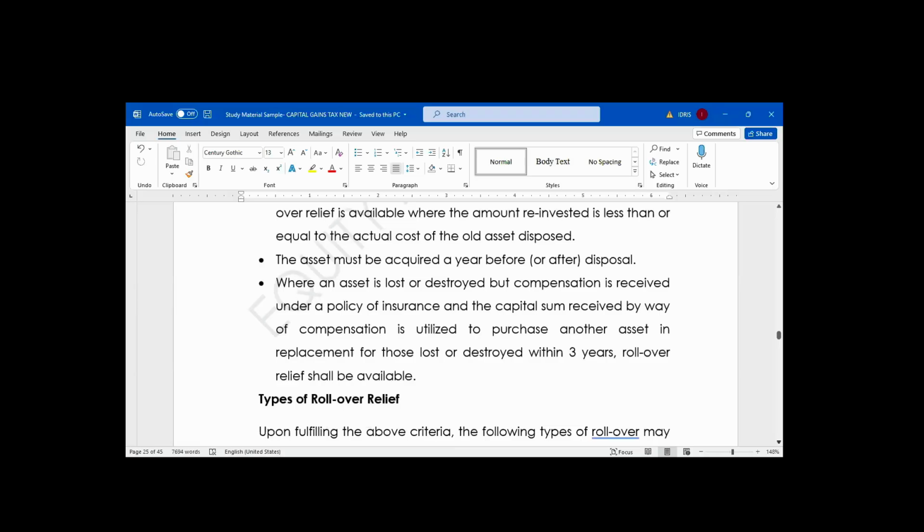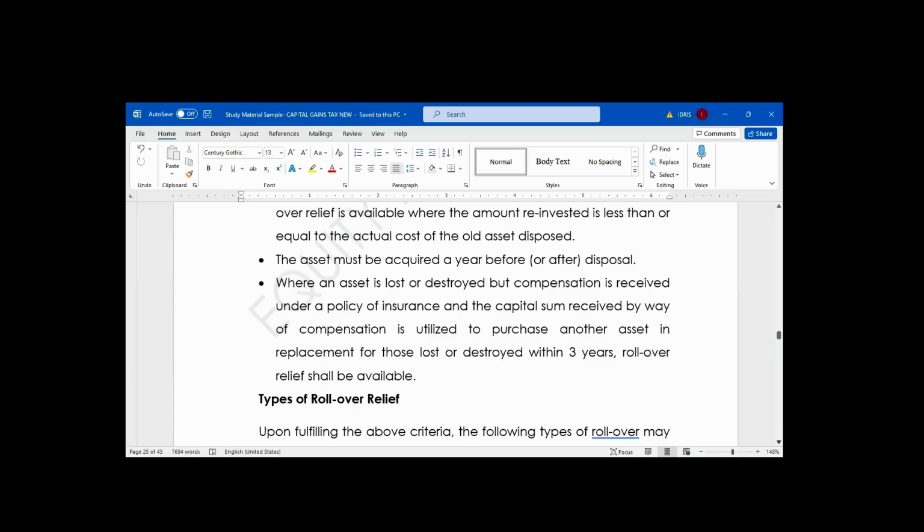When an asset is lost or destroyed, you receive compensation under an insurance policy by way of a capital sum.